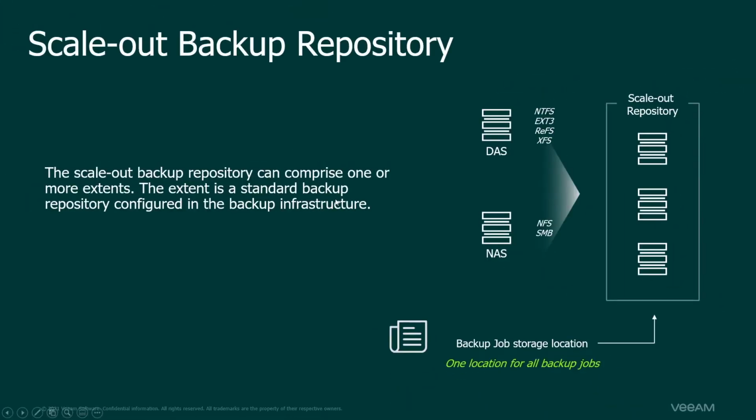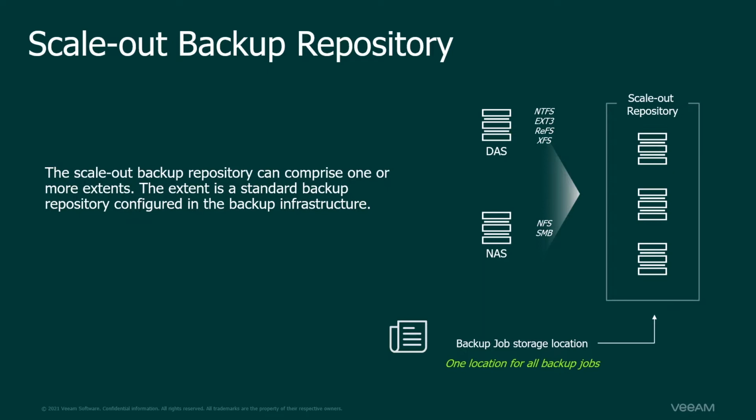That Veeam backup repository can be just a standalone repository like you're used to with normal Veeam, but of course that can be a scale-out backup repository, which makes it a little bit easier for scale, which I'll come back to later in the demo.